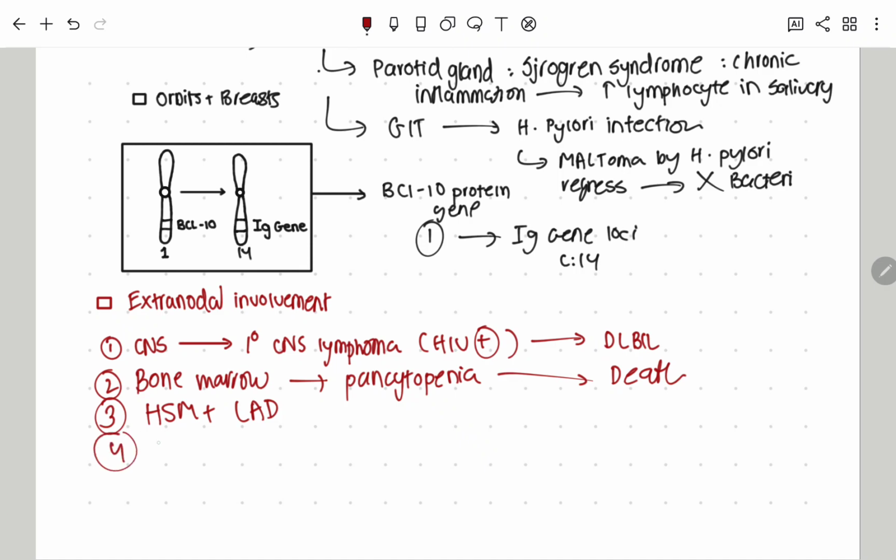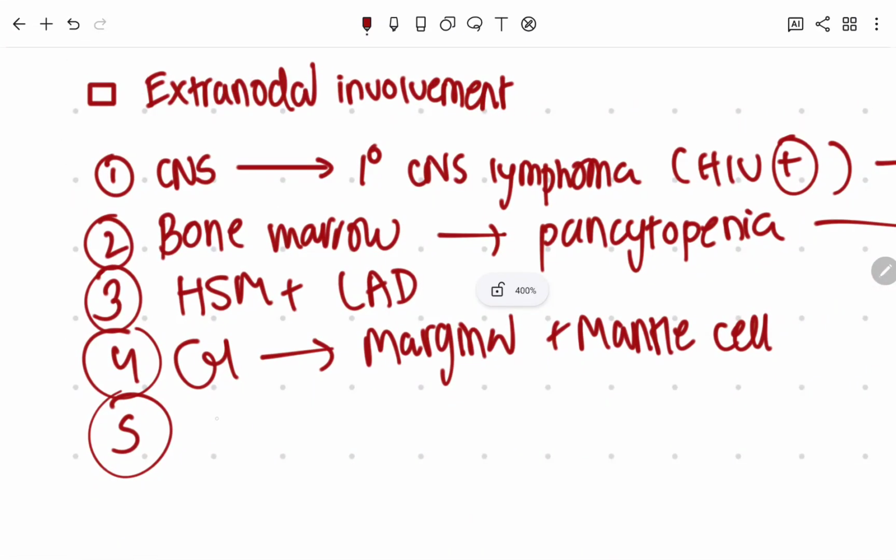We talked about GI involvement, where the two phenotypes associated with the GIT were marginal and mantle cell lymphomas. And the fifth type, which we did not discuss, but it is important for you to know because it is more associated with T cells, is a condition called mycosis fungoides.